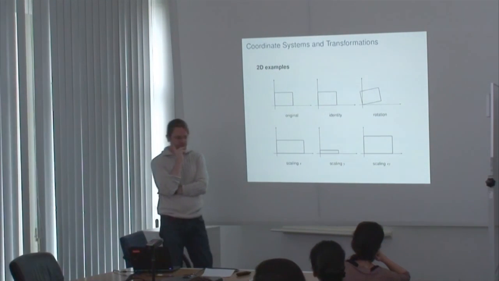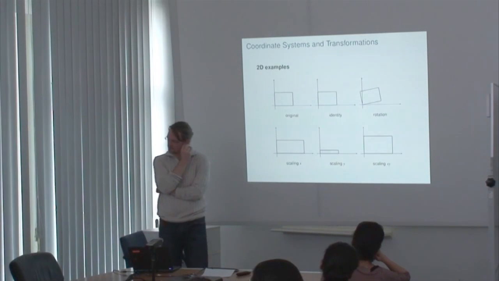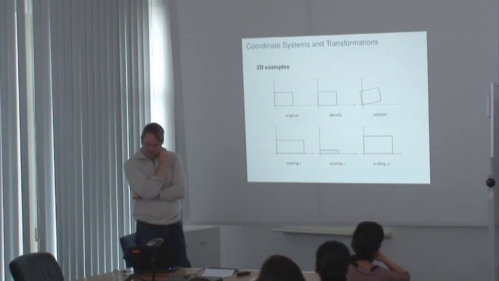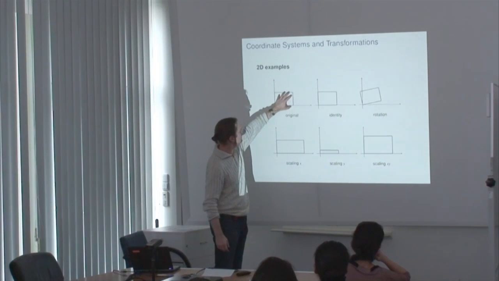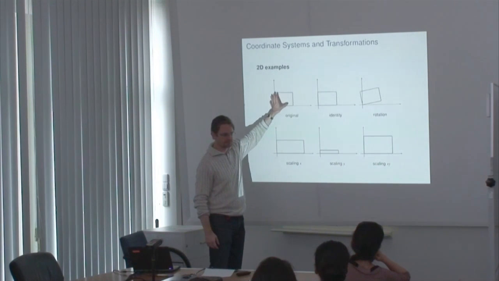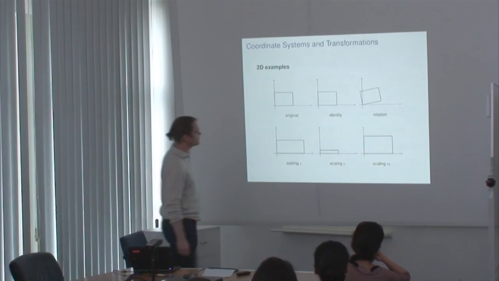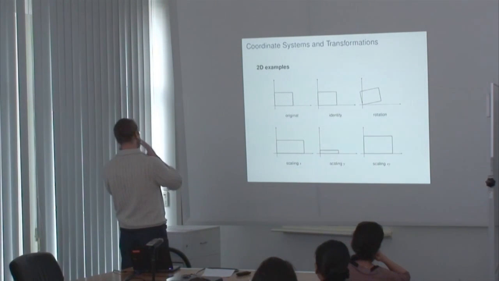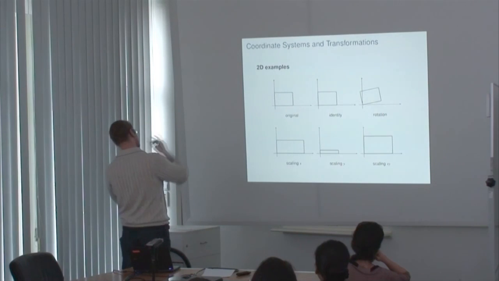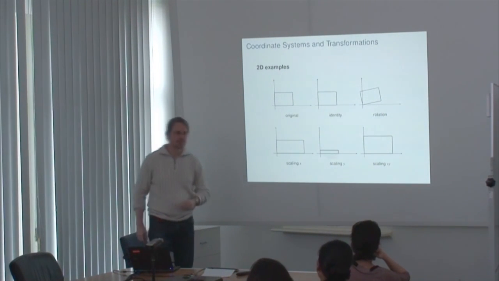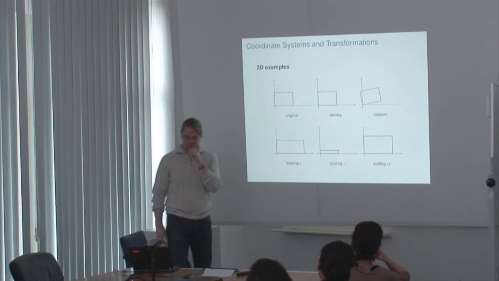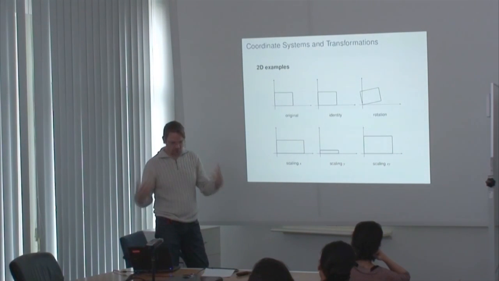It looks as if this thing has been rotated, right? But I would encourage you to tilt your head like so and look at this one, right? I said an affine transformation translates one coordinate system into another one.